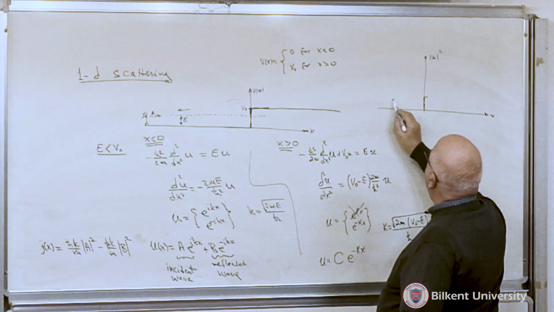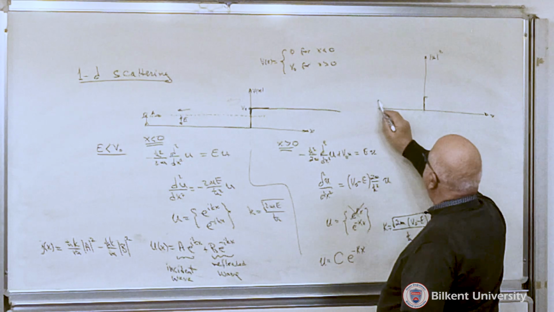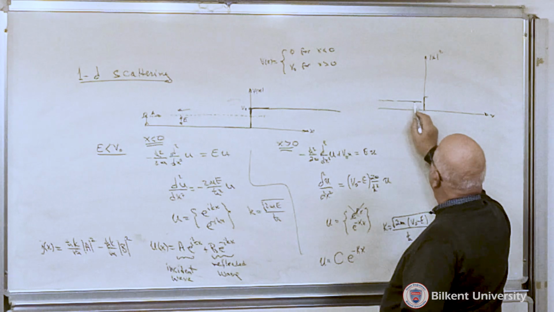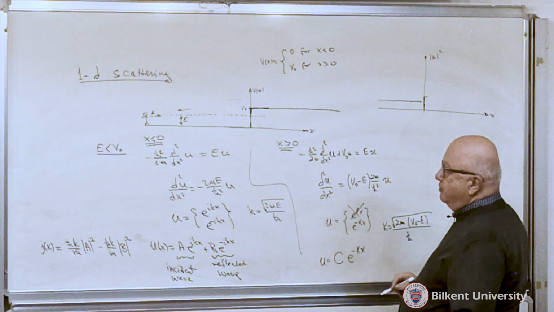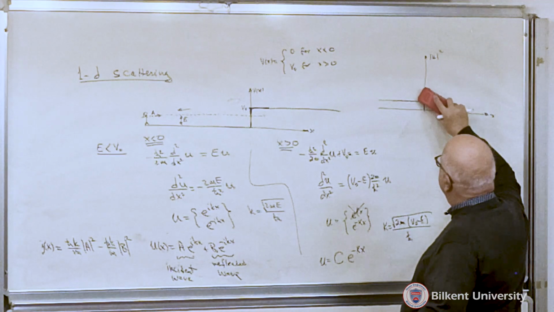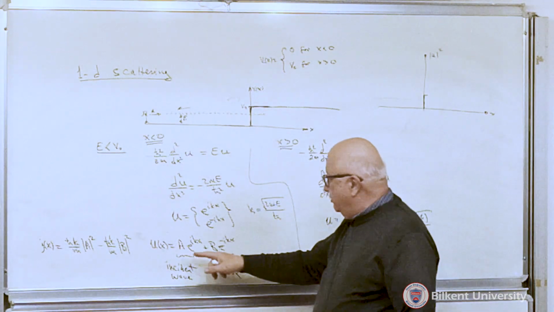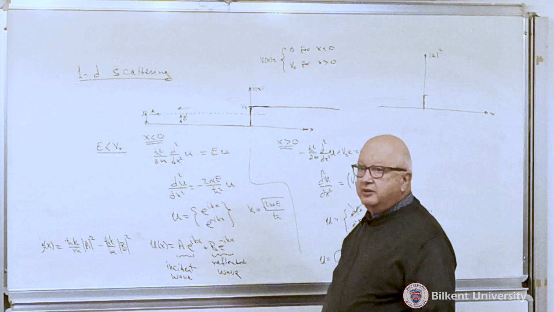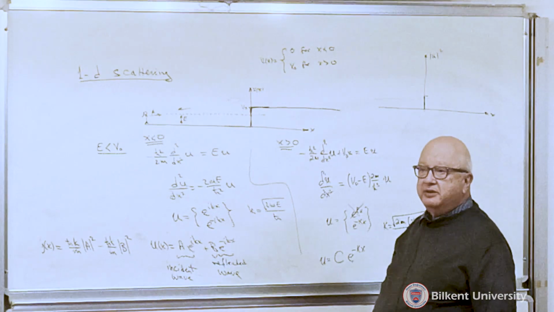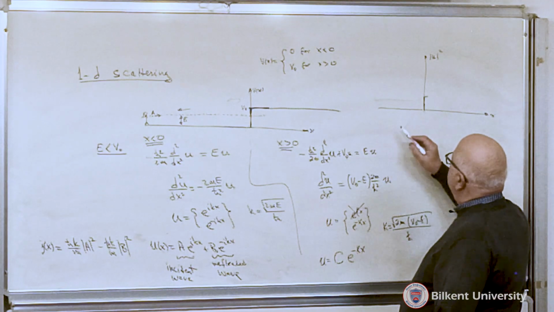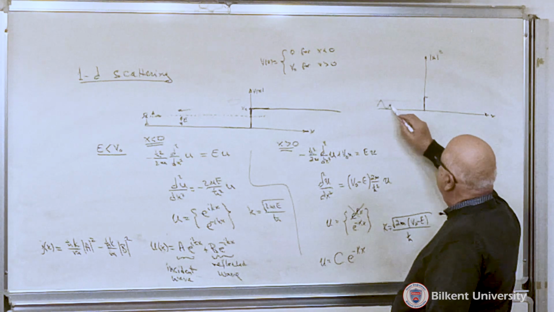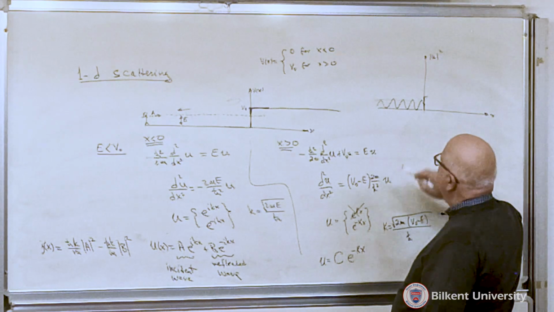On the left-hand side, I am going to get something that's not actually constant. It's going to be oscillating, but that's okay. It's going to be e to the ikx plus e to the minus ikx, magnitude squared, which will give you an oscillatory function.